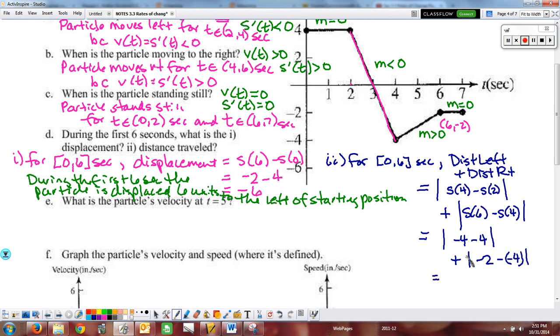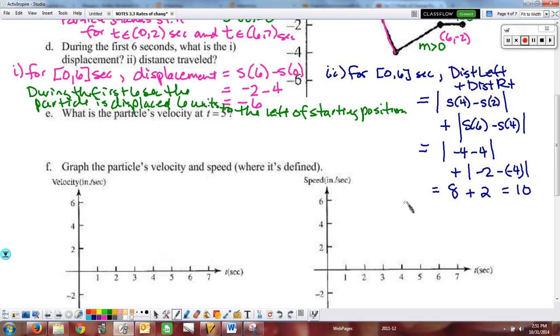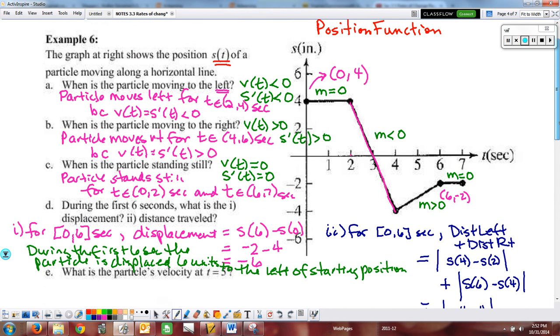And so we end up with the absolute value of negative 8, or 8, plus negative 2 plus 4, which is 2, and that gives us a total of 10. So the total distance traveled for the first 6 seconds is 10, and let's go figure out some units.